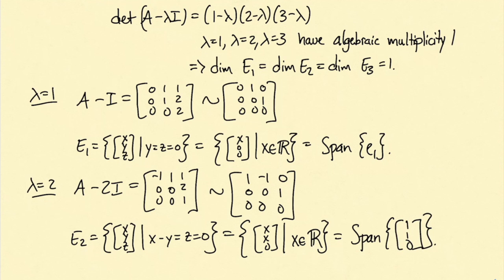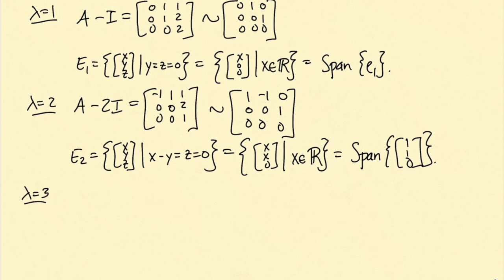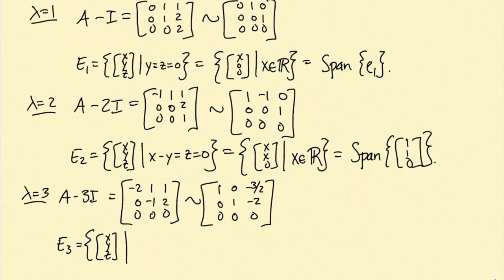Finally, when lambda is 3, the matrix A minus 3I is row equivalent to 1, 0, 0, 0, 1, 0, minus 3 halves, minus 2, 0. So this tells us that E3 is cut out by the two equations, x minus 3 halves z is equal to 0, and y minus 2z is equal to 0.